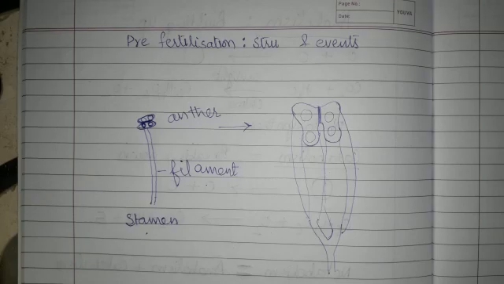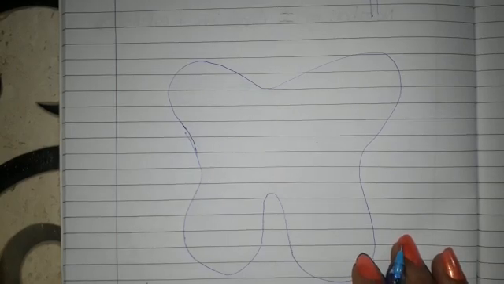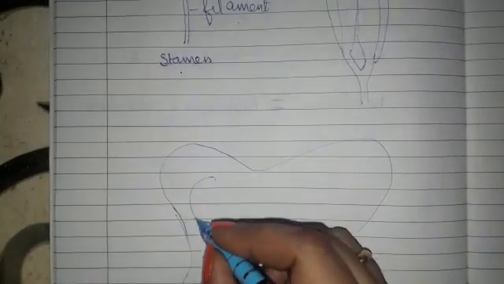Let us see the structure, the detailed structure. अब इसी को ही हम ड्रॉ करेंगे. In a transverse section, a typical microsporangium appears nearly circular in outline.